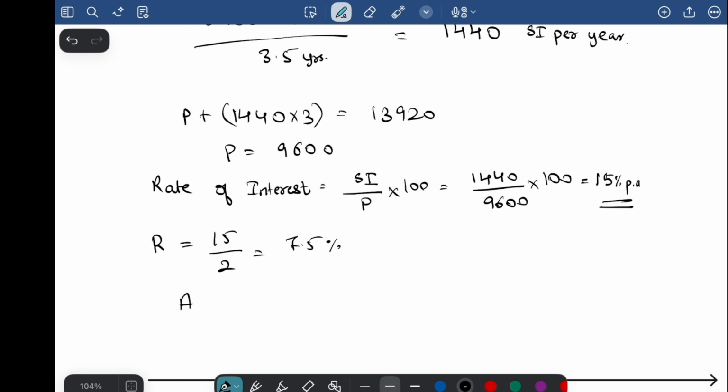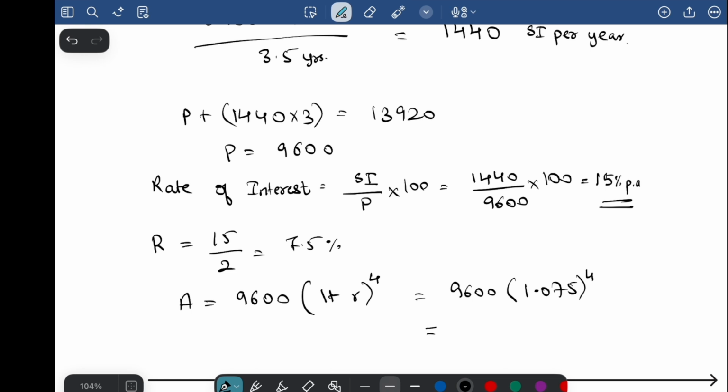So the amount is equal to 9600, that is principal, into 1 plus R, invested for 2 years but compounded every 6 months, therefore 1 plus R to the power 4. This equals 9600 into 1.075 to the power 4.